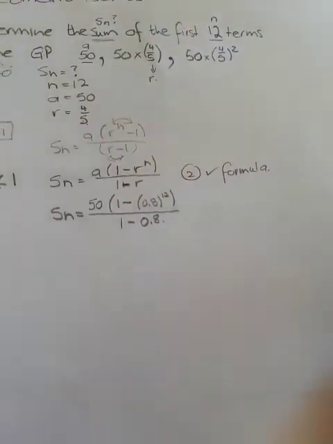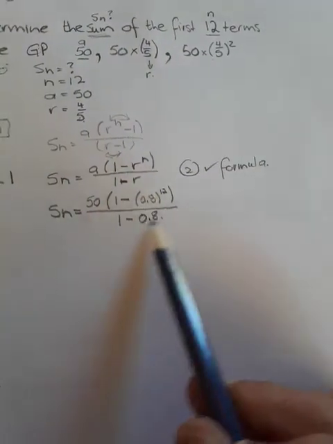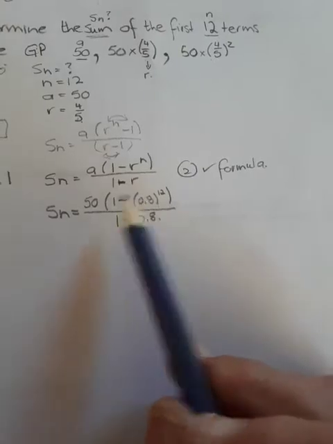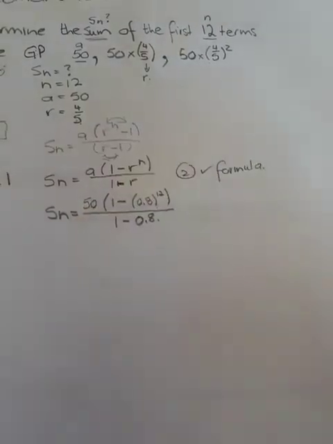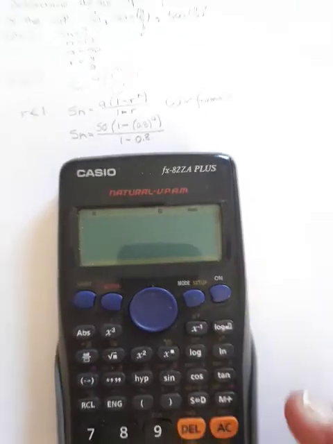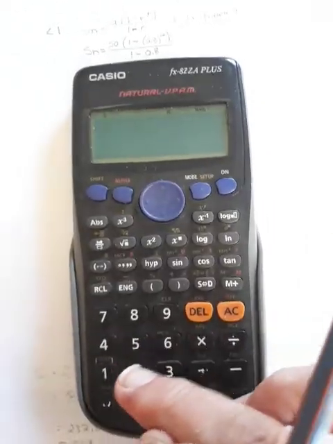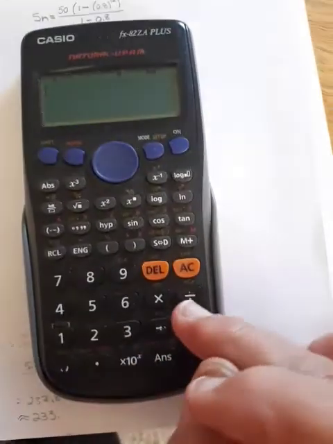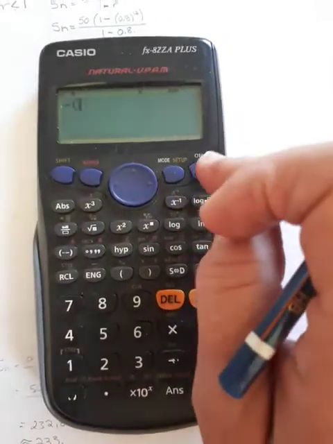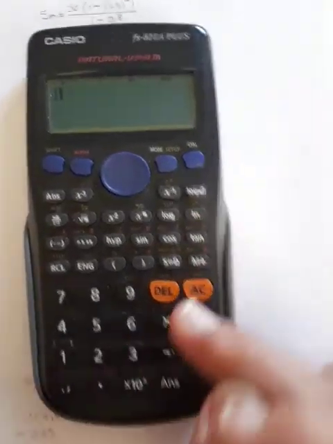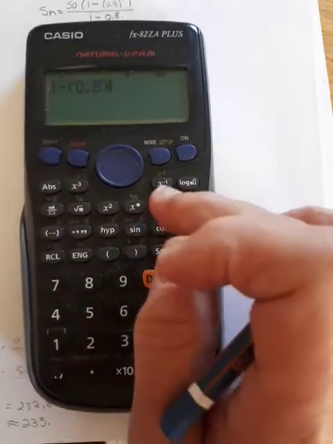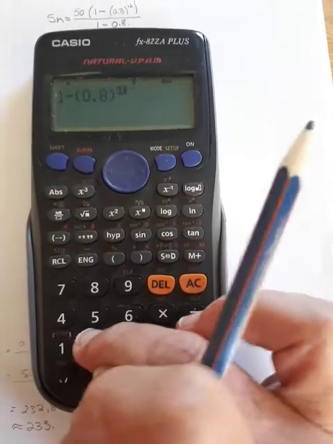Okay, and now you should calculate this on your calculator. You can first do the bracket and then multiply by 50. Okay, maybe I should show you. You can do 1 minus, put 0.8 into brackets to the power of 12.